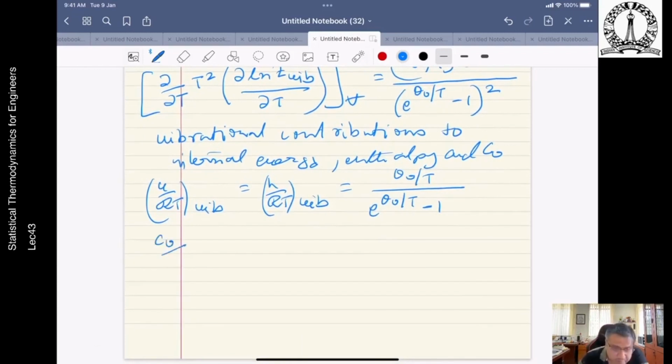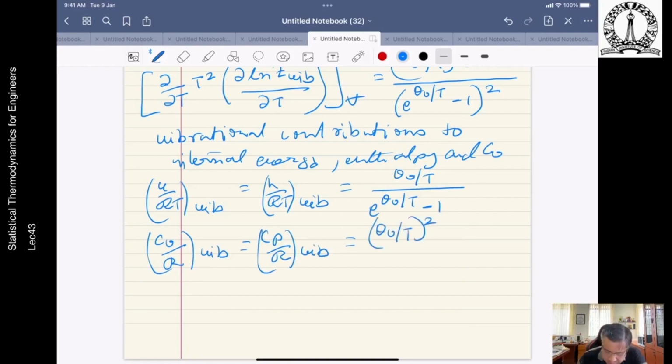Then CV by R vibrational, the same as CP by R vibrational, is equal to theta V by T squared e to the theta V by T divided by e to the theta V by T minus 1 whole squared.